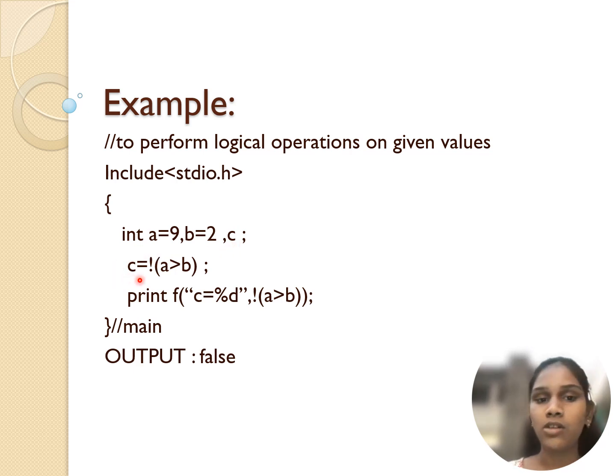If c is equals to not of a greater than b, printf c is equals to percentile d, where percentile d is not of a greater than b. And the main section will close here. Here a is greater than b, so the output will be false.